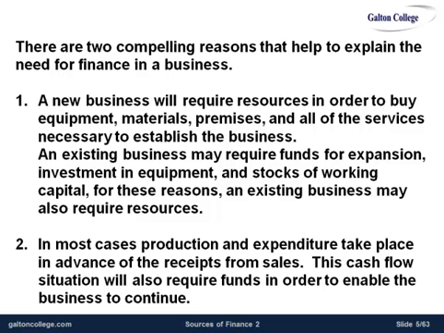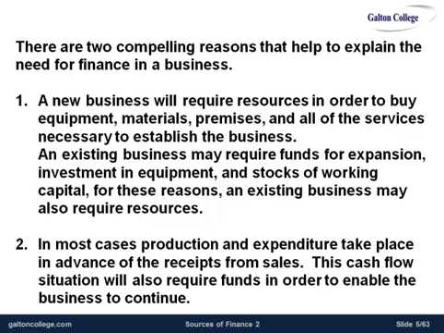In most cases also, production takes place in advance of receipts. So production and all of its associated expenditure takes place in one time period, and perhaps in the next time period, when the goods are sold, the receipts from those sales flow into the business.